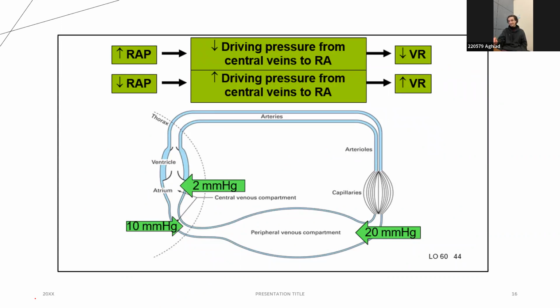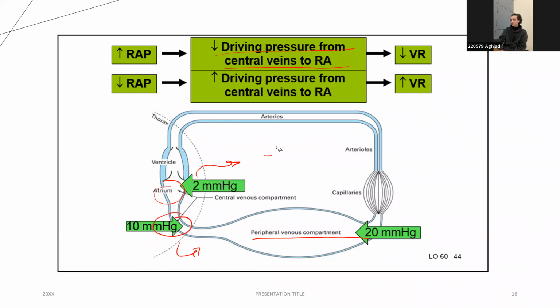All right. So when right atrial pressure increases, the driving pressure from the central veins to the right atrium decreases, right? That pressure decreases. Let's say the right atrium is more than 2 now. So let's say it's 4. And the venous return is the venous pressure, the peripheral venous compartment, right, has a pressure of, let's keep it at 10, right?